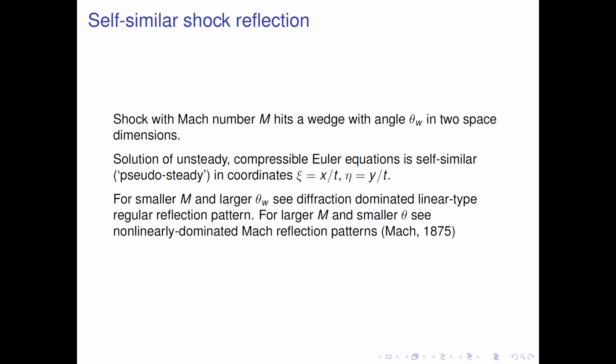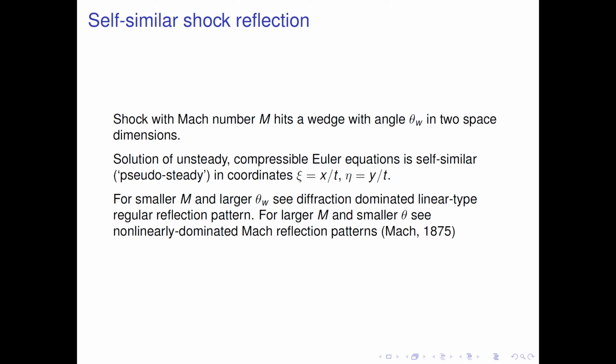Now I should say, you then see some reflection pattern coming out. And there are two basic, simplest patterns. One is regular reflection, and let me just draw the upper part, the wall here.